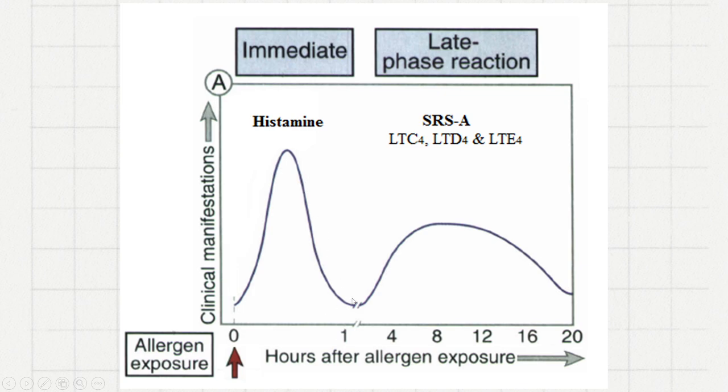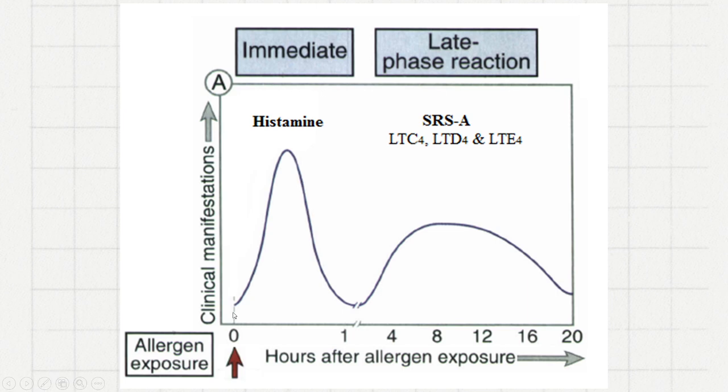Then it will start to go down, after which other mediators will rise, produced by the cells, particularly the slow-reacting substances of anaphylaxis, leukotrienes C4, D4, and E4. This can be blocked, of course, by montelukast and similar drugs.